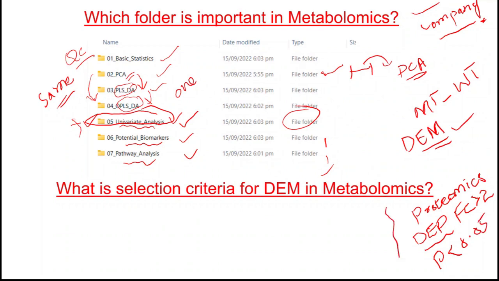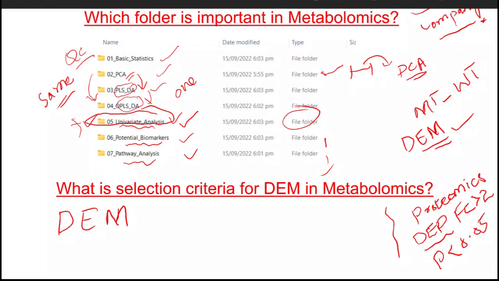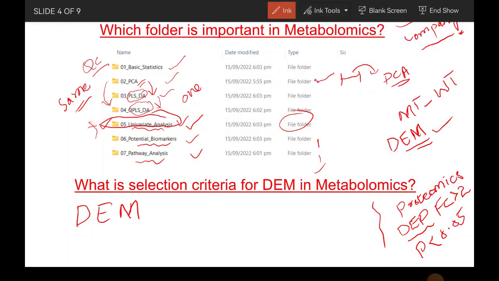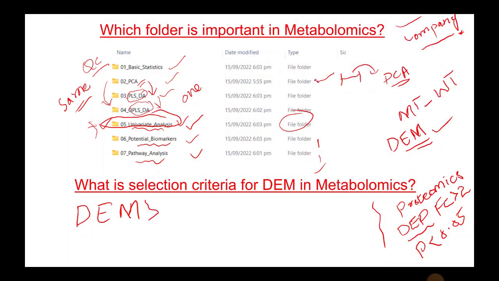Similarly, here is the same selection criteria, but it may vary according to your need. We usually use DEM for more than 2. So we do the selection of differentially expressed metabolites similarly.